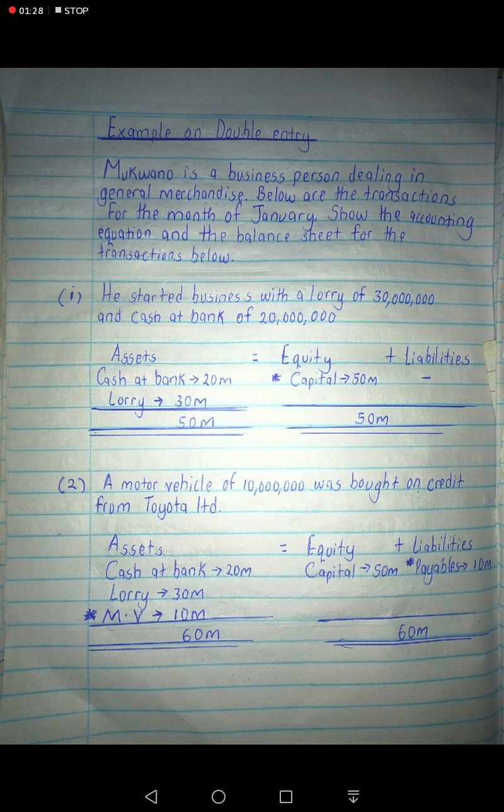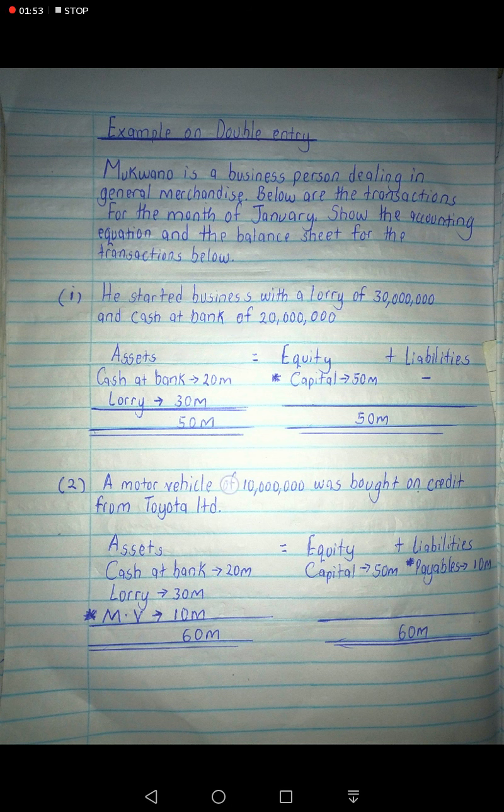The total of the 20 plus the 30 is going to equal my equity, which is 50M. When I balance this side and this side, I get 50-50. For that transaction, it's done, and the liabilities will be a dash because I don't have any liabilities from this transaction. Then I go to 2.